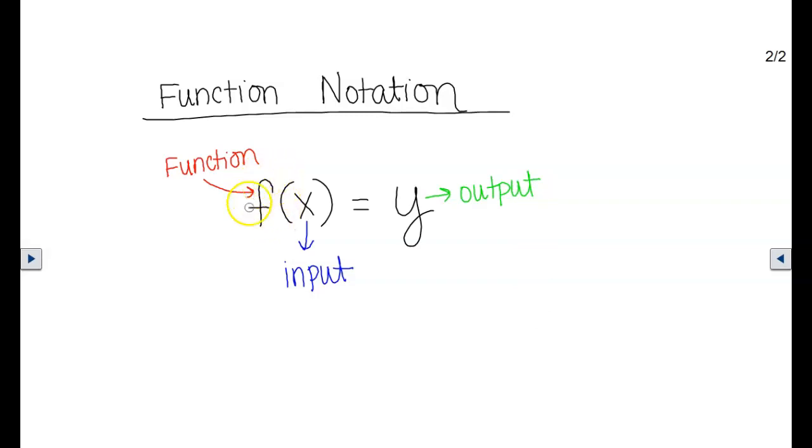Our function equation named f takes an input value that we call x and produces an output value named y.